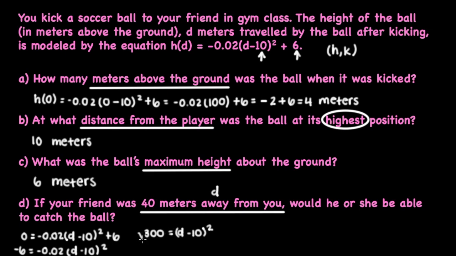Now we need to take the square root of both sides to get this square term out. We can leave it positive because we know any real life problem will stay in quadrant 1. And so d minus 10 is equal to the square root of 300. Now the square root of 300 can be simplified to 10 root 3. And if you add the 10 to both sides, we get d is equal to 10 root 3 plus 10.